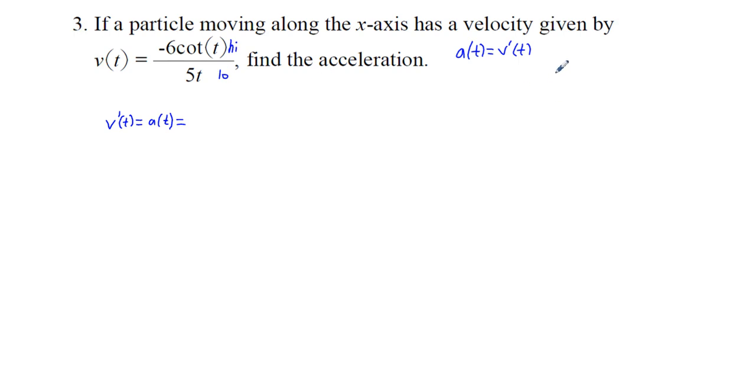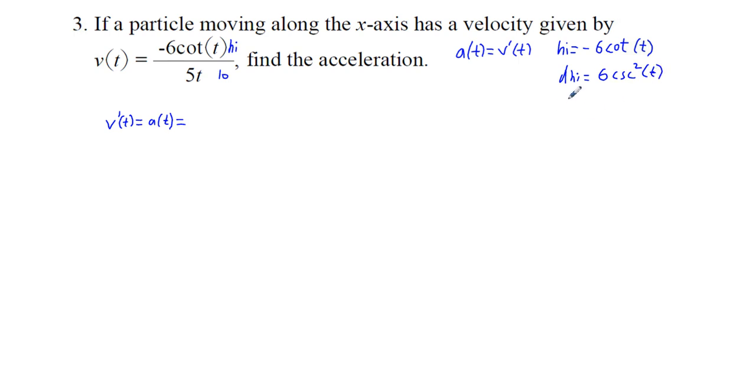And so we will say high is equal to -6 cotangent t, and our d high, derivative of our high, is going to be negative cosecant squared. So this negative becomes positive, so we're going to have 6 cosecant squared t.